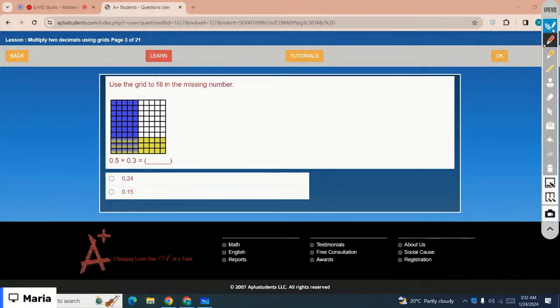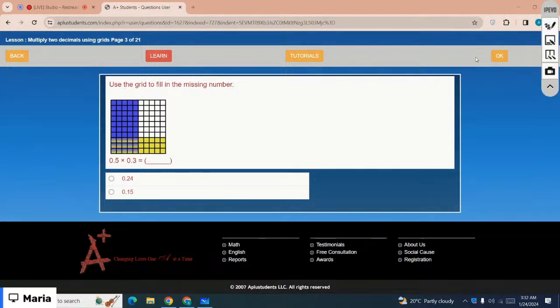Like this, you have 3 lines colored that represent 0.3. Like this, you have 5 lines covered that represent 0.5. You have to find the product. You have to count the columns that have both the colors so that they represent 0.15. Got it? The correct option is 0.15.